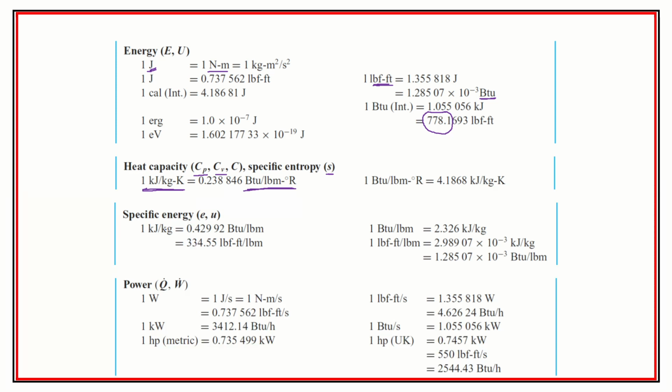And specific energy, so that's usually, enthalpy is one of these, so we could actually put enthalpy in right there as one of his brothers. So you have a kilojoule per kilogram is usually what you use in SI, and a BTU per pound mass is what's usually used in the US units, aka English units, I don't know.